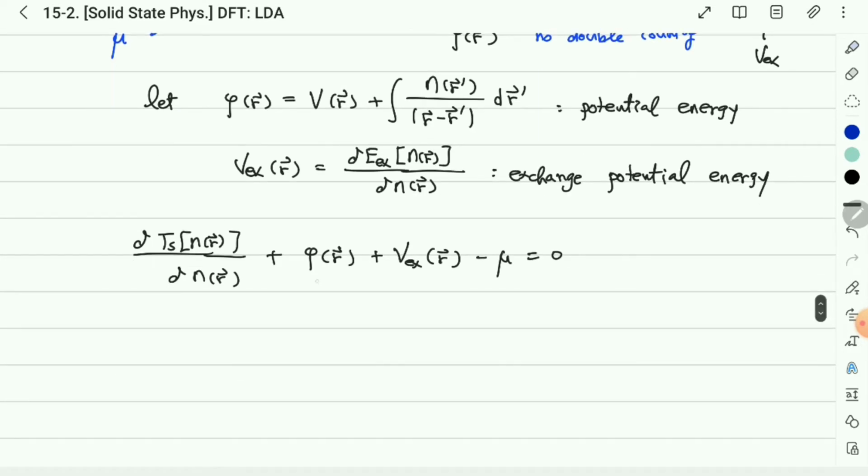Therefore here it is potential and exchange potential, and the potential plus exchange potential is the effective potential.